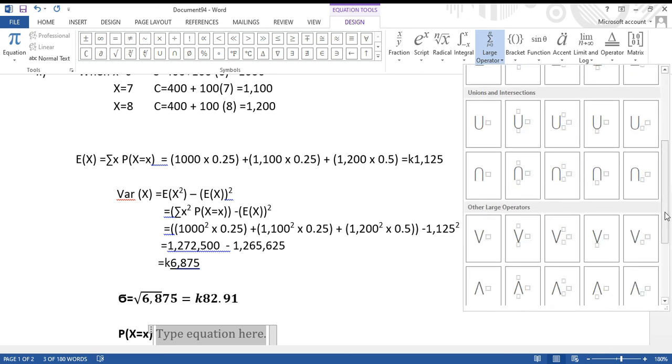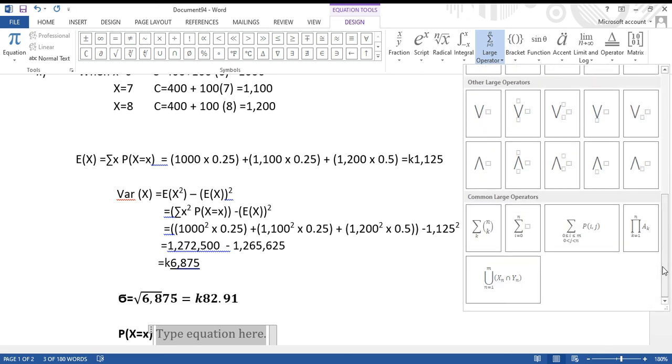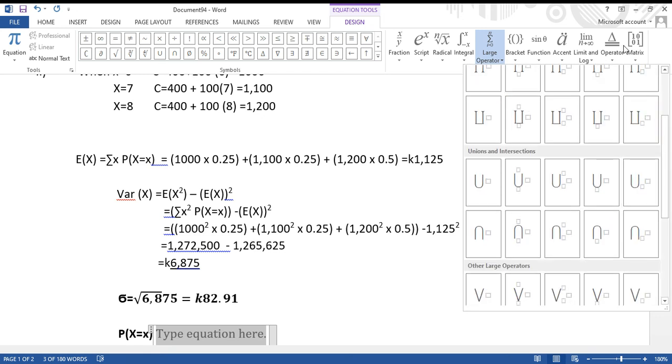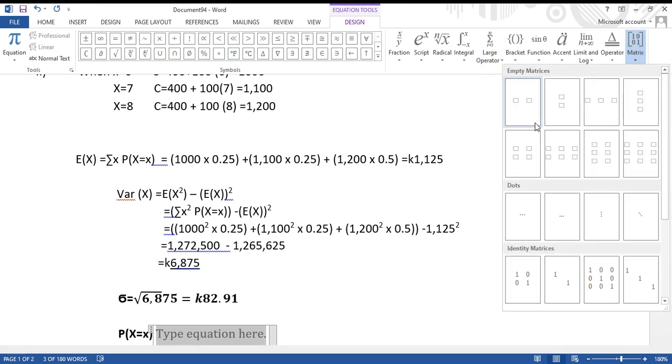Let me see what symbol I can use for this. Oh yeah, I can use this.